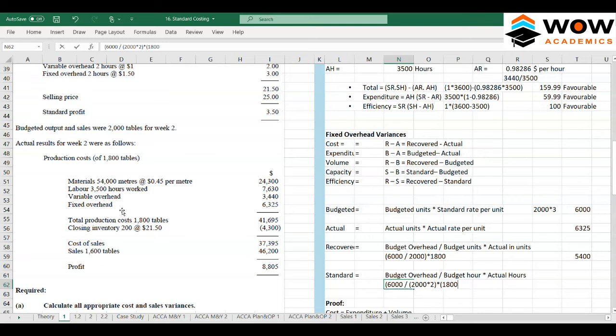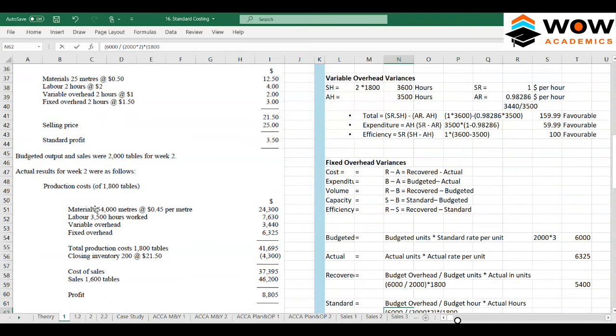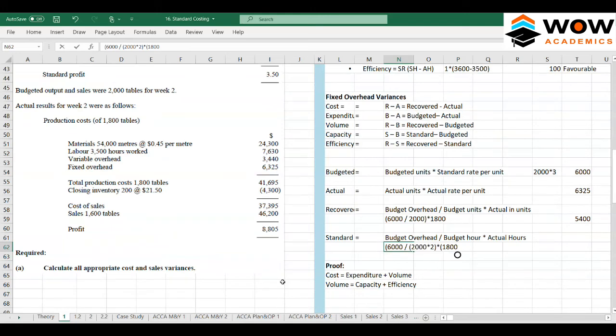Labor hours, variable overhead hours and fixed overhead hours are the same. See here, labor is 2 hours, variable is 2 hours, fixed is also 2 hours. So they're all equal, and here also it should be equal. So 3500 here for labor, for variable and fixed overhead. So that comes to 3500 hours.